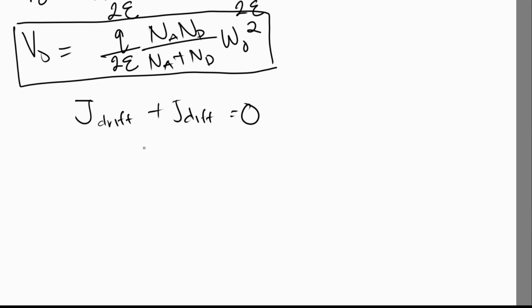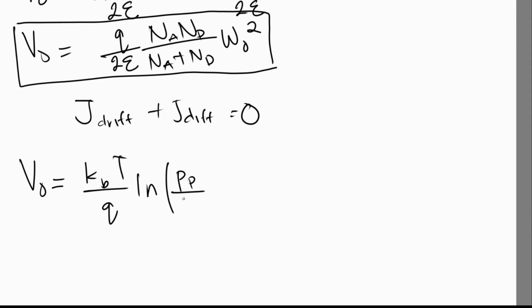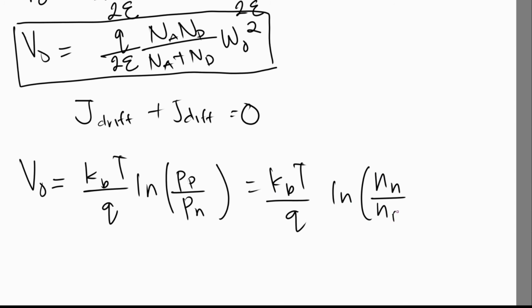Upon derivation that we will not cover here, just try to read the modules, we would get that your built-in potential can be expressed as V naught is equal to k_B T over q ln of p_p over p_n, which is equal to k_B T over q ln of n_n over n_p. So we see here that your built-in potential is a function of the number of holes in your p-type over the number of holes in your n-type, or the number of electrons in your n-type over the number of electrons in your p-type region.